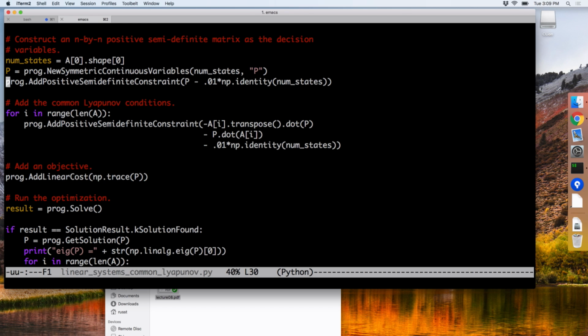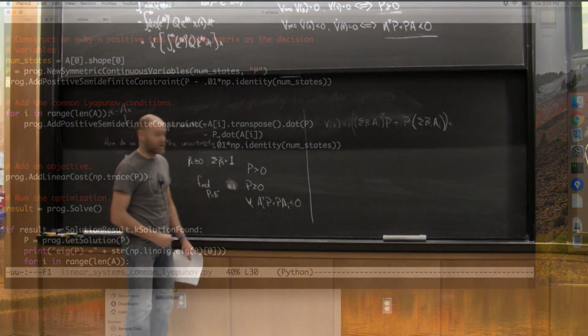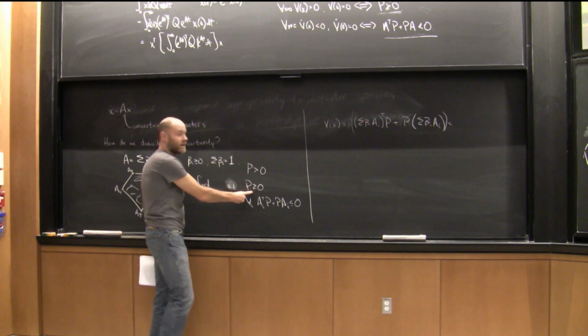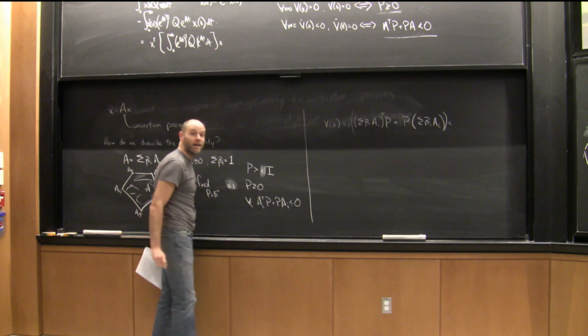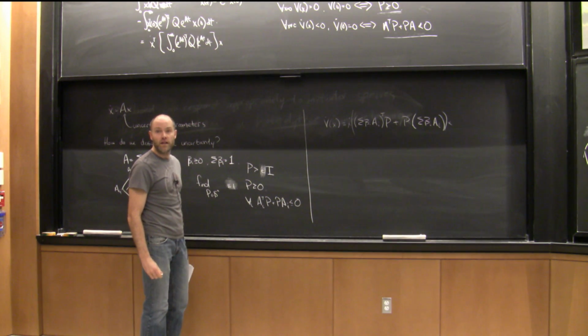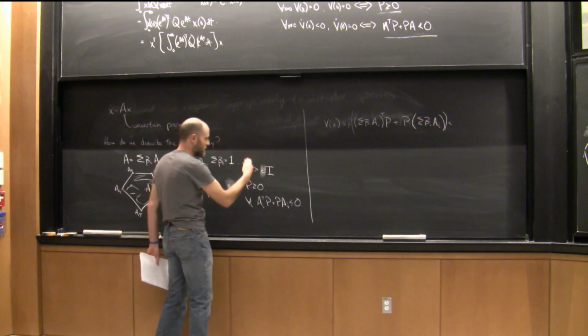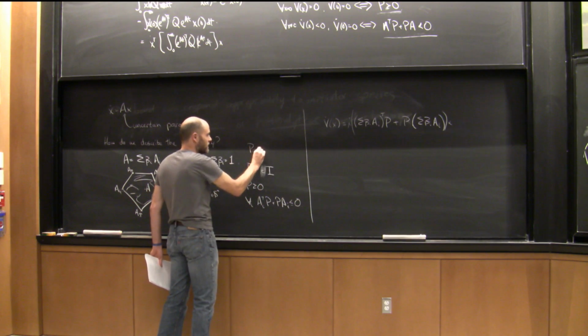Why did I throw that extra little term in there? The SDP is only going to tell me whether P is greater than or equal to 0. I'd like to ask a stronger question. I'd like to certify this. How do you do that if your tool only certifies this? I said I want this to be greater than something small times I, which is equivalent to checking this.